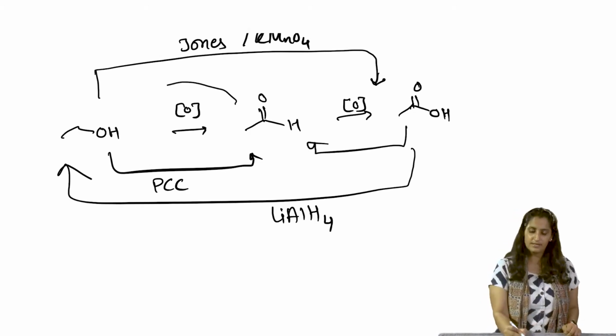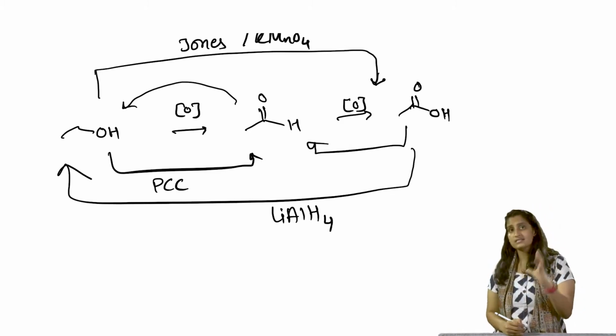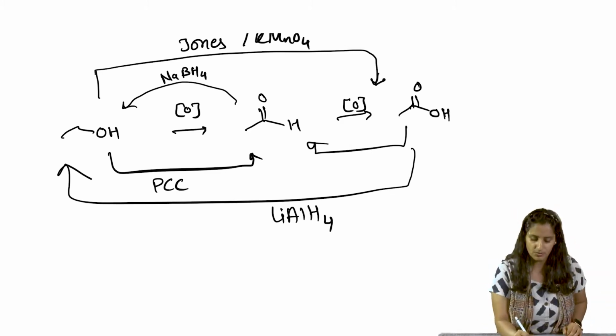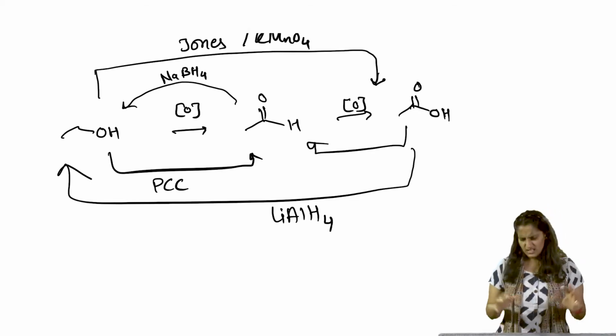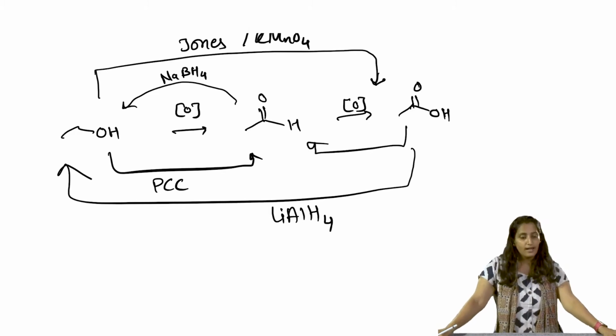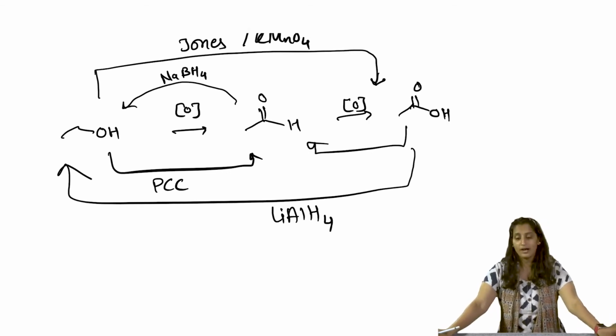And then we have very selective or milder reagents that will work on aldehydes to get to the alcohol, which is sodium borohydride. So, NaBH4 will be here. Okay. So, that is pretty much what we had covered last course, and I am going to go over some of the selective oxidizing and reducing reactions, more often of carboxylic acids and their derivatives going back to either aldehydes or alcohols.